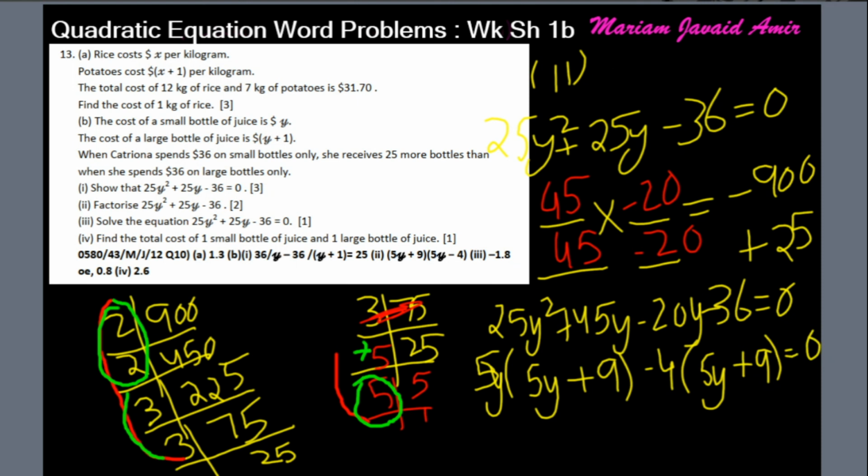So we get y equals 4 over 5 and y equals minus 9 over 5. Minus 9 over 5, yes.